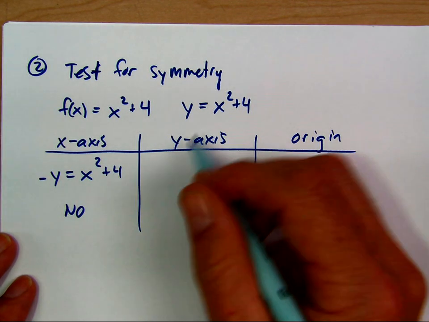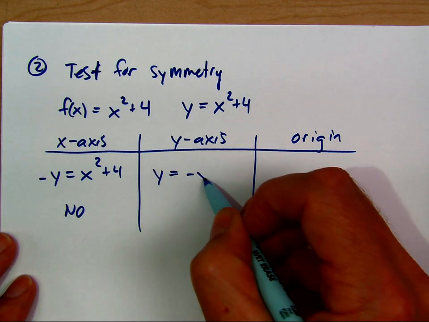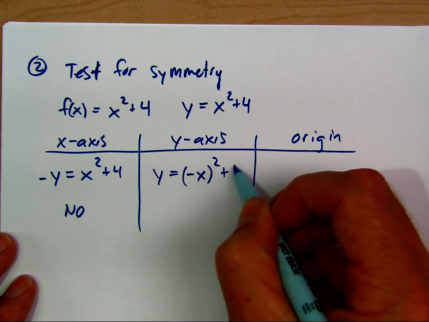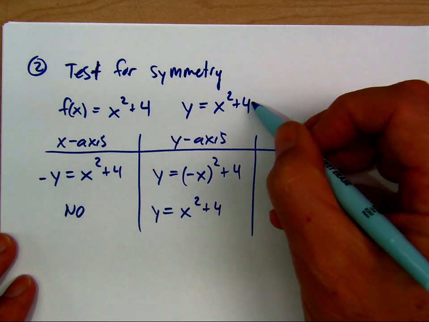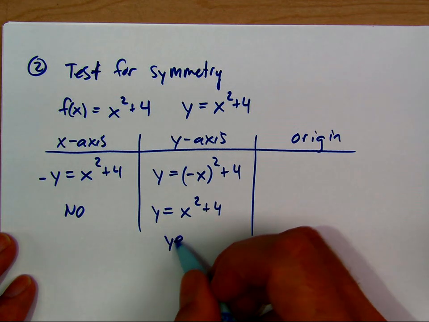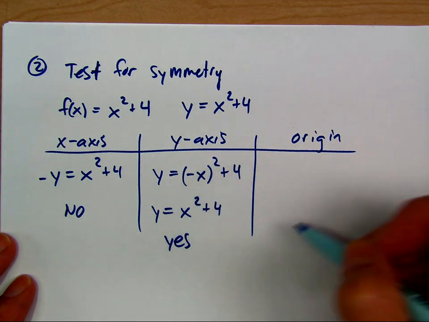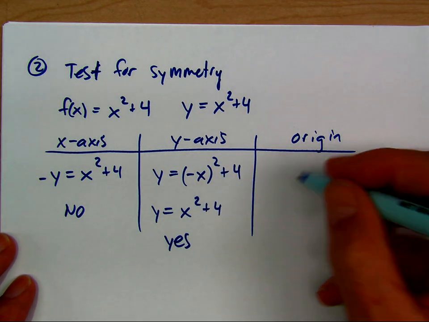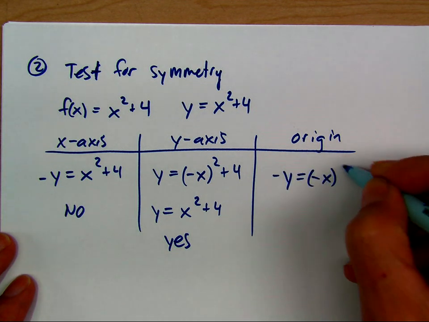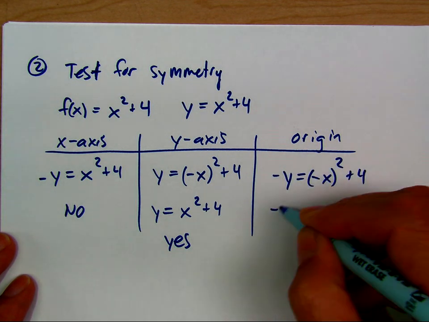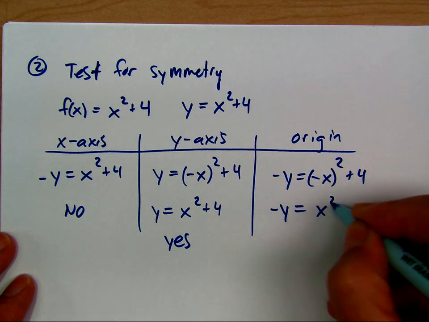Let's check the y-axis symmetry, and we have to change the sign of the x. And now we can make it look like the original, so that means it does have y-axis symmetry. And symmetry to the origin is when you change both of them and see if it looks like the original.